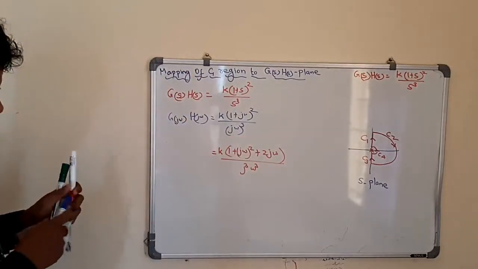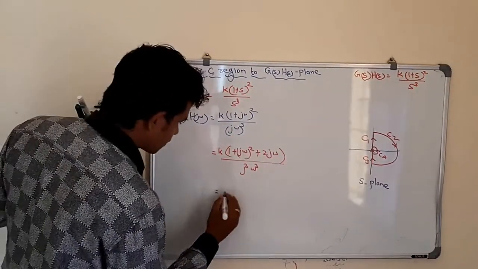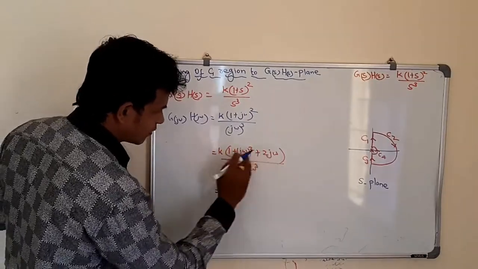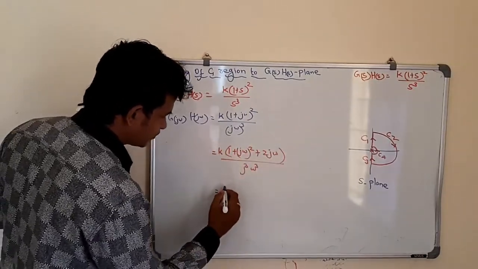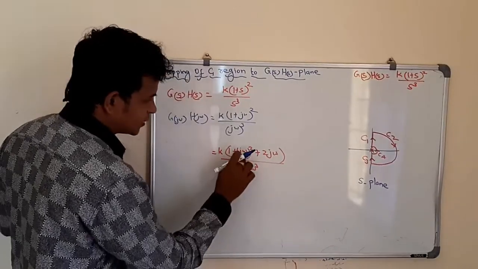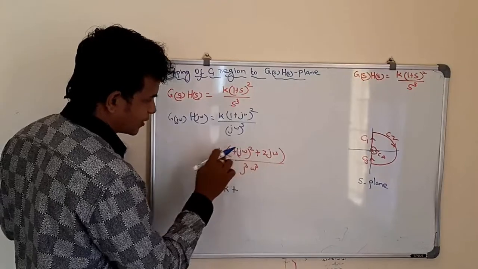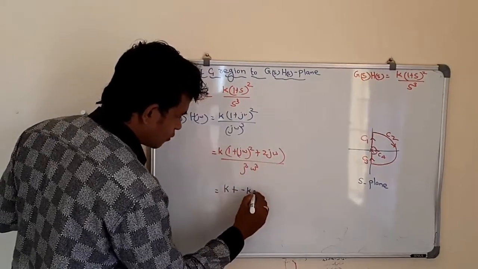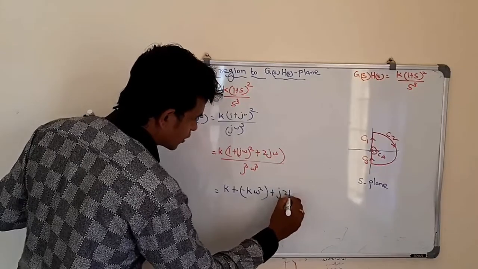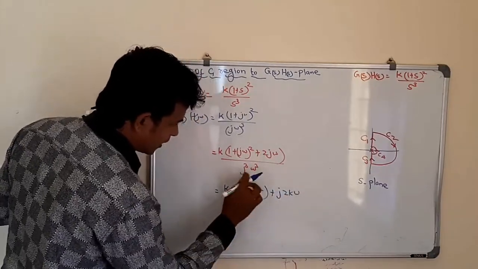And now I am multiplying this k to each and every term inside the bracket: k plus j square omega square, j square is minus 1, into k, minus k omega square, plus j 2k omega, divided by j cube.